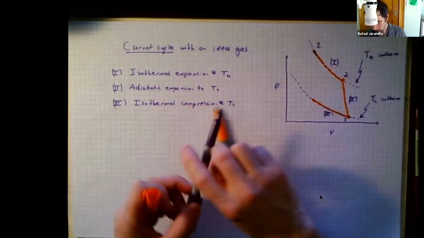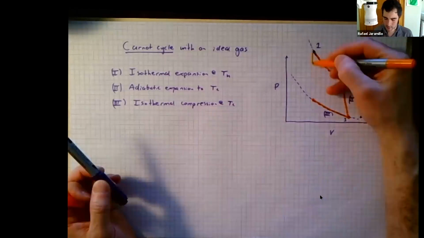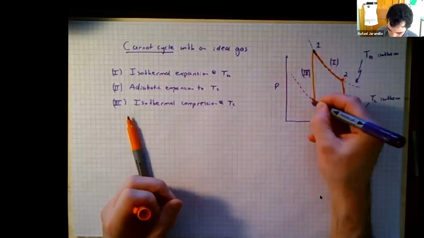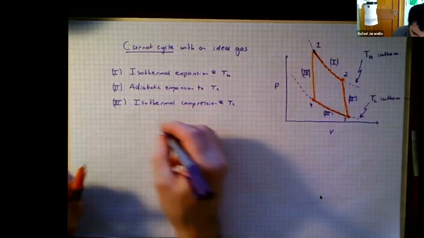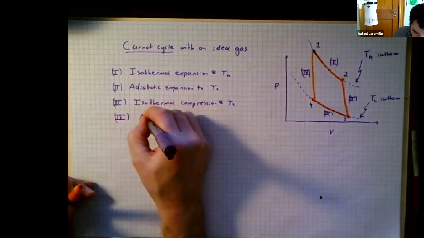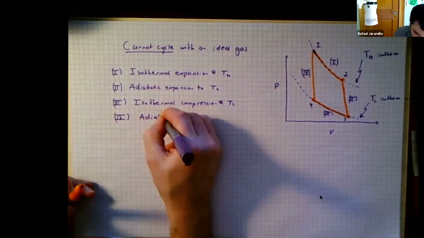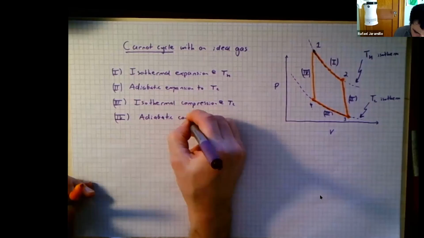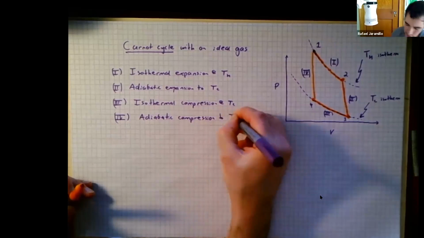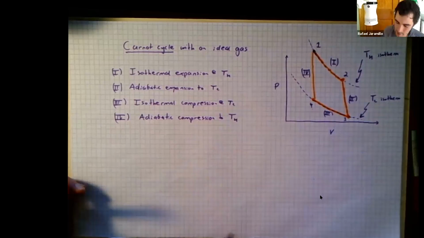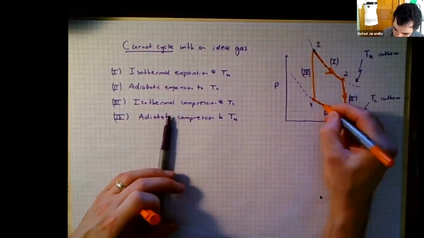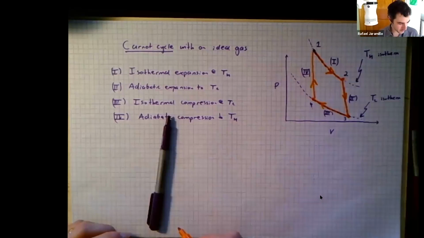And then step 4, which is adiabatic compression, back to the starting point, back to point 1. So here's my arrow. We're going around this way. Good.